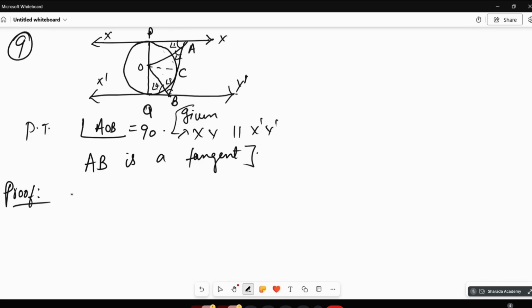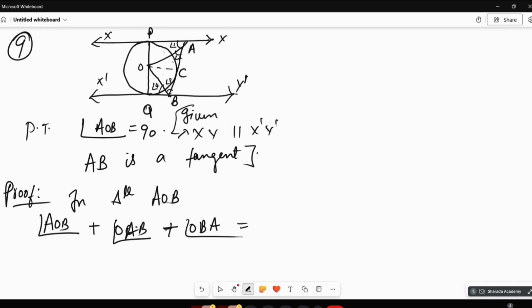Now, in triangle AOB, first triangle I'll write AOB. AOB angle plus OAC angle or OAB angle plus OBA angle should be equal to 180 degree.